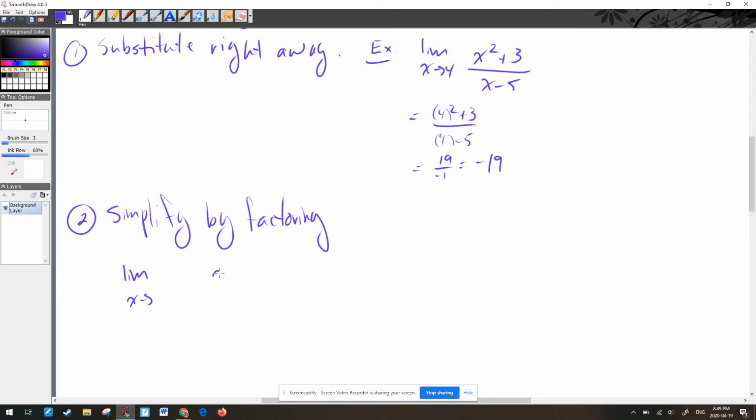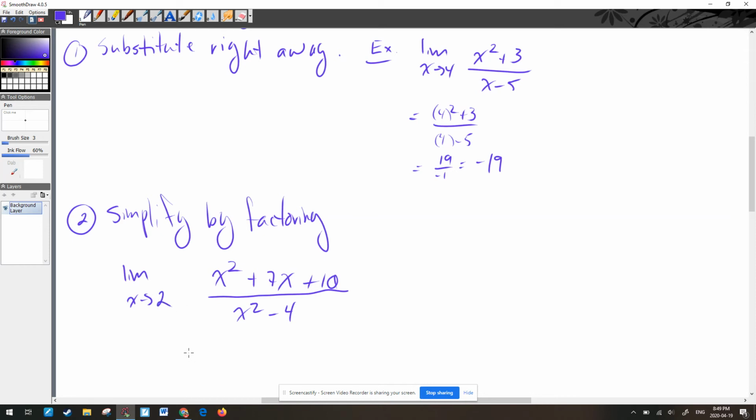So imagine we had x squared plus 7x plus 10 over, I don't know, x squared minus 4. And I wanted to know what is the limit as x tends to 2.